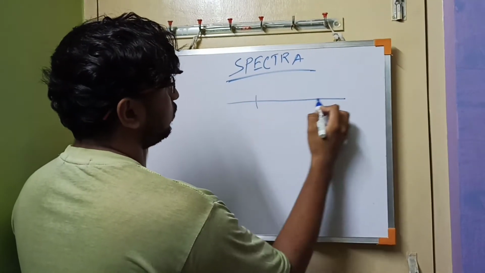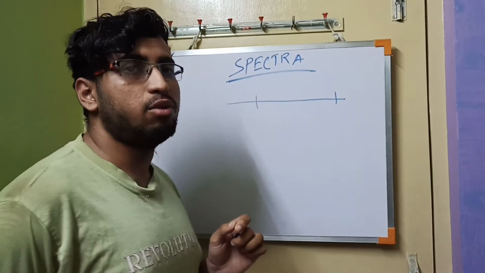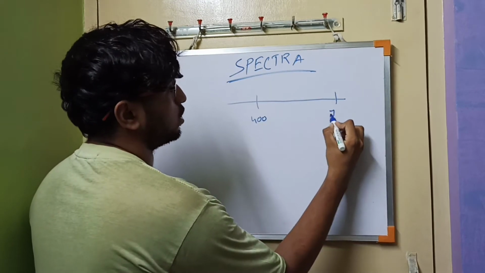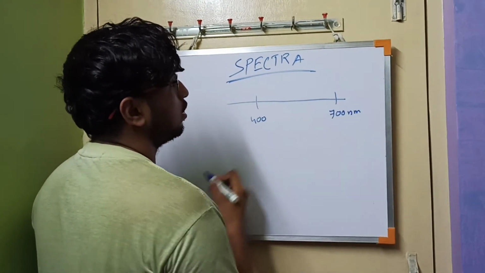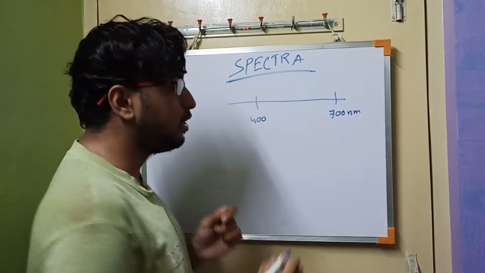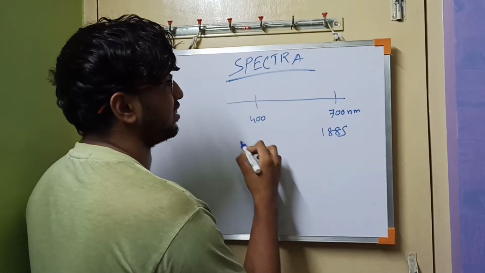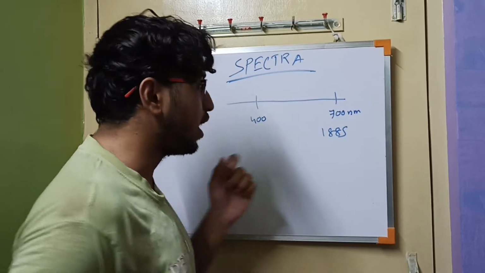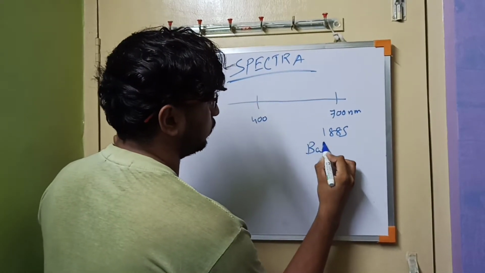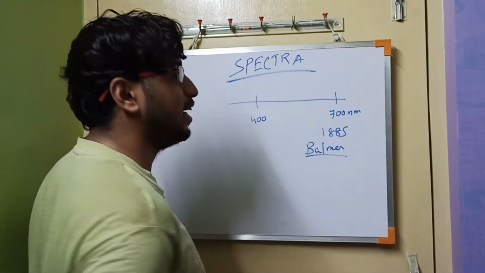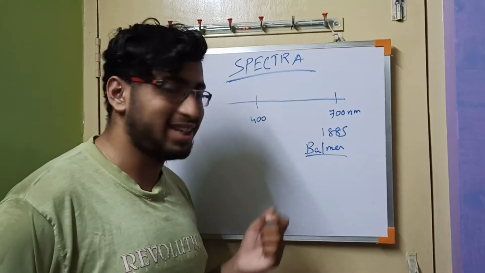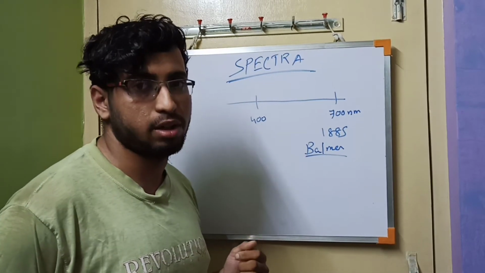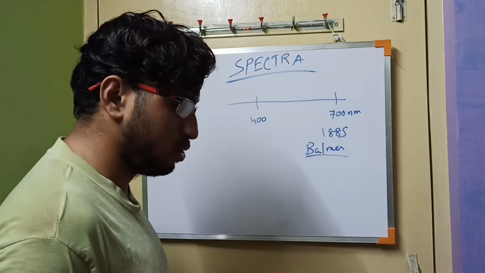Like the wavelength for visible ray is 400 to 700 nanometer. In 1885, as this is a visible ray, it was first discovered by Balmer. Later, one of the series, named after the scientist Balmer, of atomic hydrogen, we will further study.